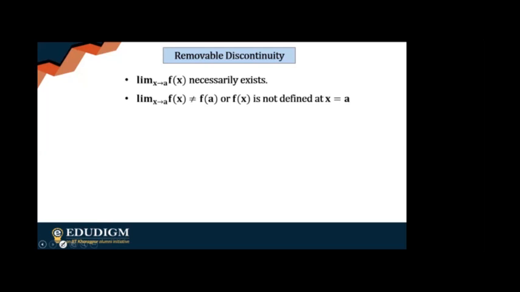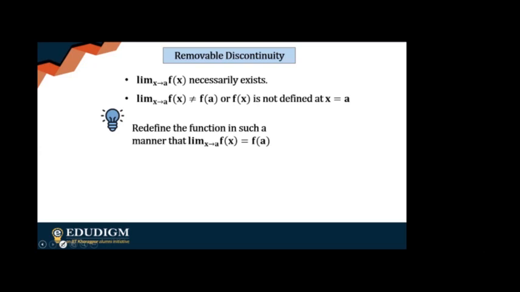Now, I normally ask you people to look at the name and get some clues from there. So this is what we are going to do. We can redefine the function in such a manner that it becomes continuous. If you remember, we did a sum where you pointed out that k will be equal to 5 by 3, because at x equals 0 the limiting value was 5 by 3.